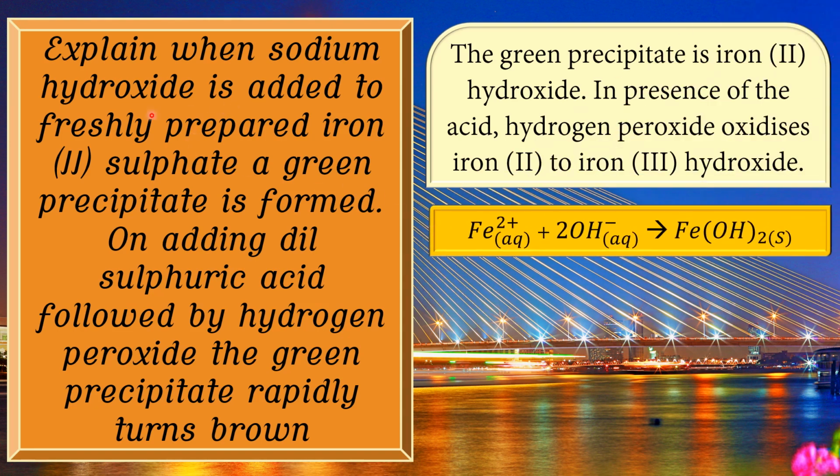Now, when sodium hydroxide was reacted with iron 2 sulfate, the iron 2 sulfate provided the iron 2 ions, and sodium hydroxide provided the hydroxide ions. Iron 2 ions and hydroxide ions reacted together to form iron 2 hydroxide, which is a green precipitate.